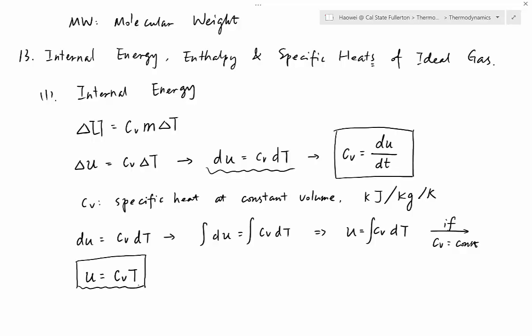And CV is usually constant because CV is a material property, even though the value of CV is usually a function of temperature. However, the change is very, very small. So usually in this class, we always treat CV as a constant, unless otherwise stated.